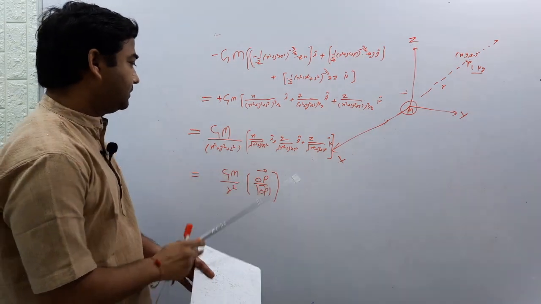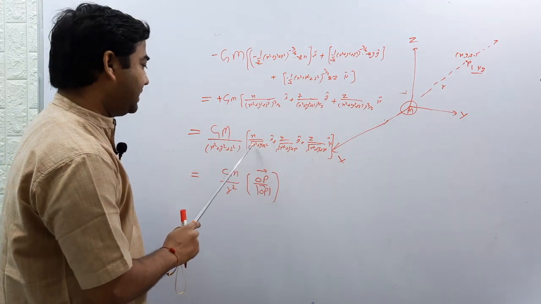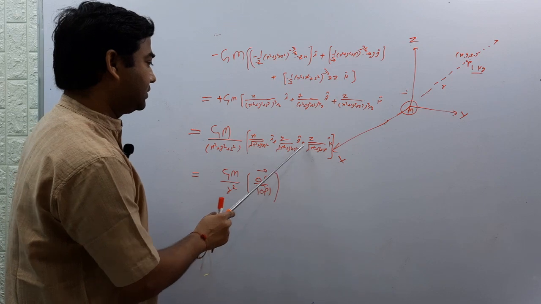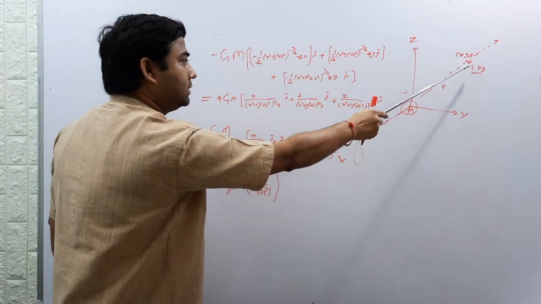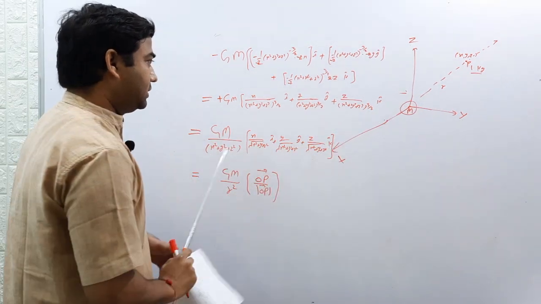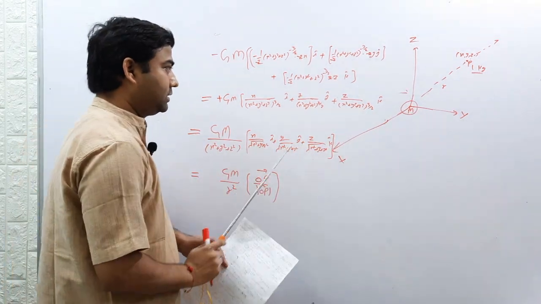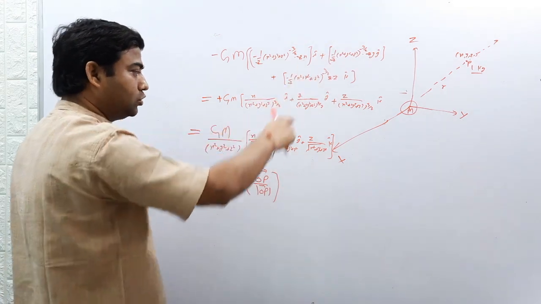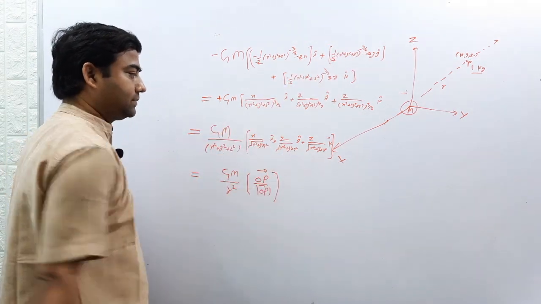This is the unit vector of the position vector in the direction of vector P. If you find the unit vector in the direction of vector OP, that is the unit vector.